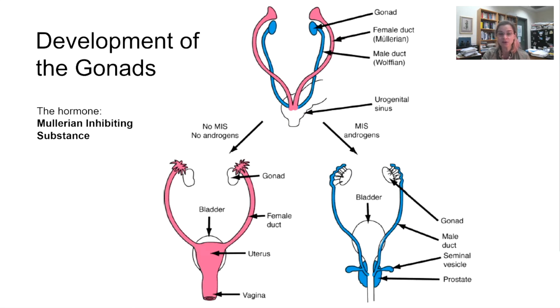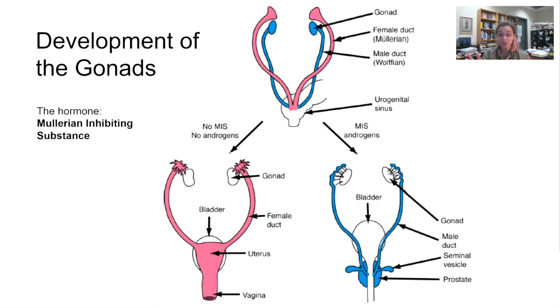Testes also form different kinds of androgens, and there are lots of different androgens. Testosterone and estrogen are androgens, so the ovaries also make androgens. The testes make a lot more of these androgens than the ovaries do, but both types of bodies make androgens.